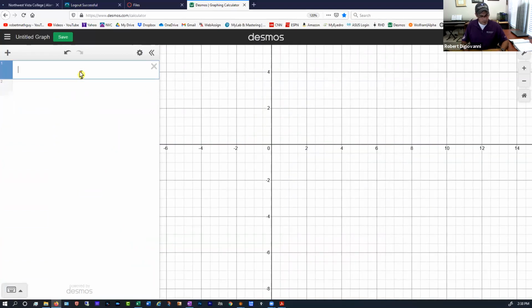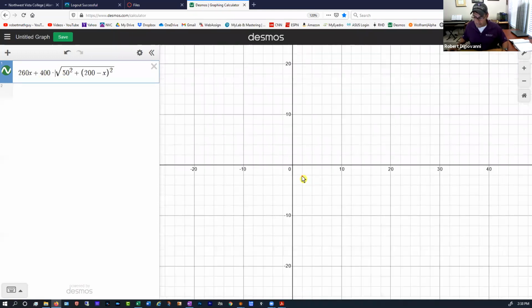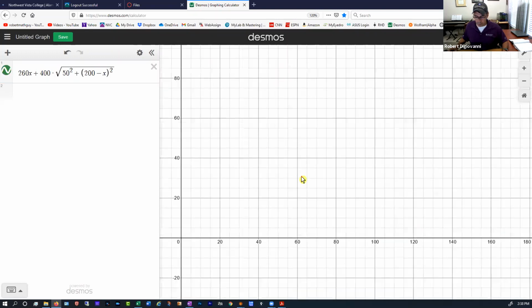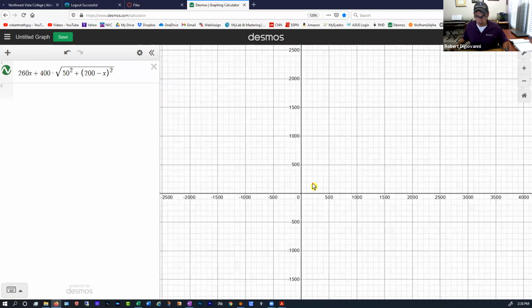So I'm going to go, it was 260x plus the square root of 50 squared plus 200 minus X, and then squared. I believe that was it. Oh, I forgot the 400 in front of it. 400 times. Okay, there it is. I've got to find the function.